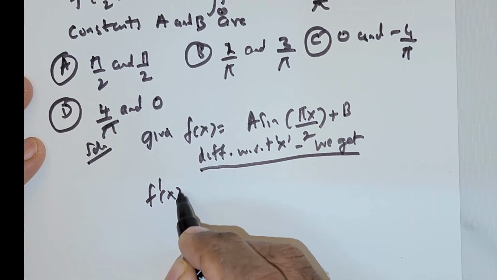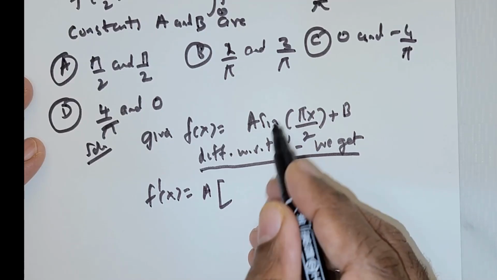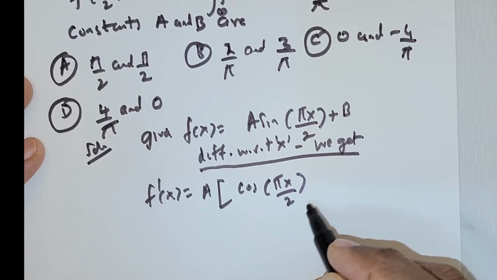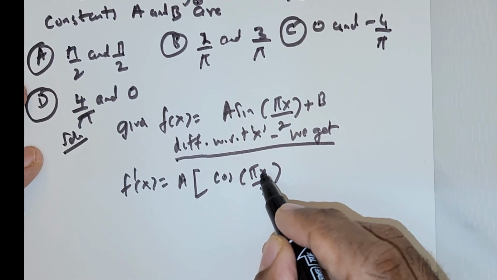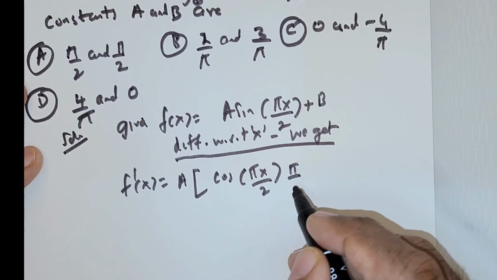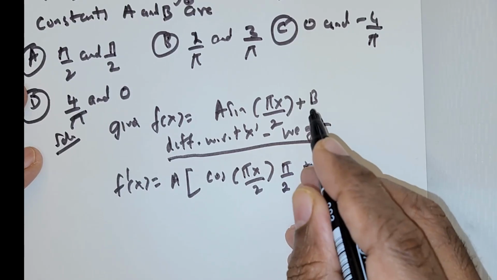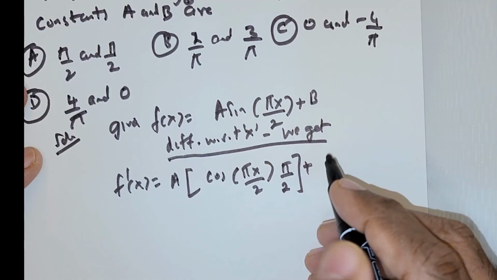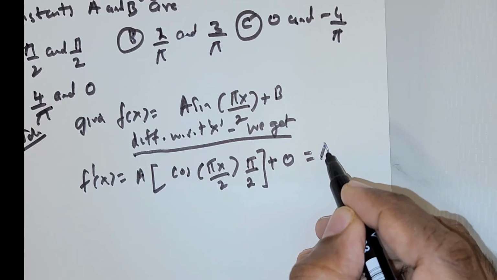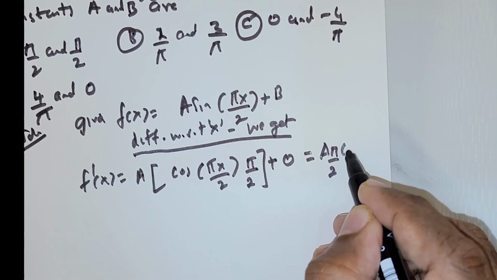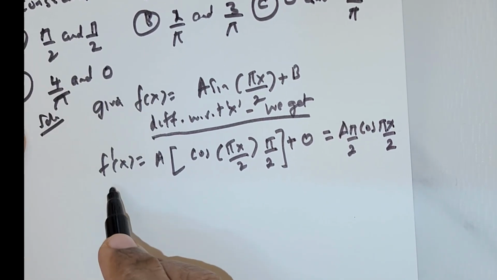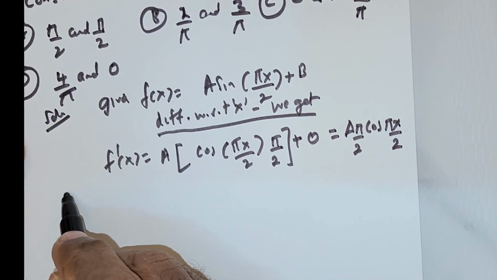This is f dash of x. a is a constant, you differentiate sine, you get cos of pi x over 2, then you differentiate pi x over 2, so that is going to be pi over 2. The differentiation of b is going to give me 0. So I got a times pi over 2 times cos of pi x over 2. This is f dash of x.